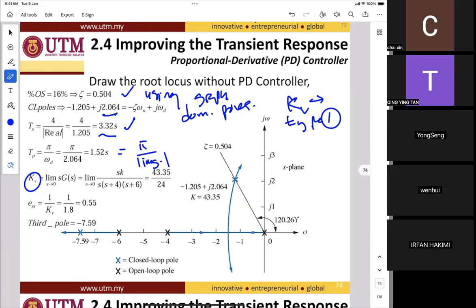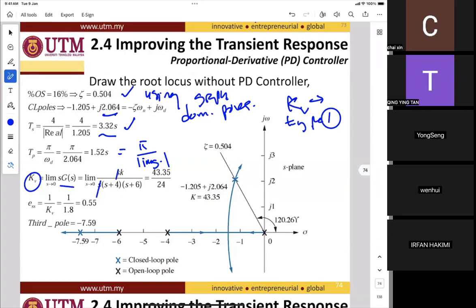The formula for Kv is the limit as s goes to 0 of sG(s). So you use G(s), which is K over s times s plus 4, s plus 6, and s will cancel out. What is left is K, which is 43.35 from the previous locus drawing, divided by 24, which is 6 multiplied by 4.